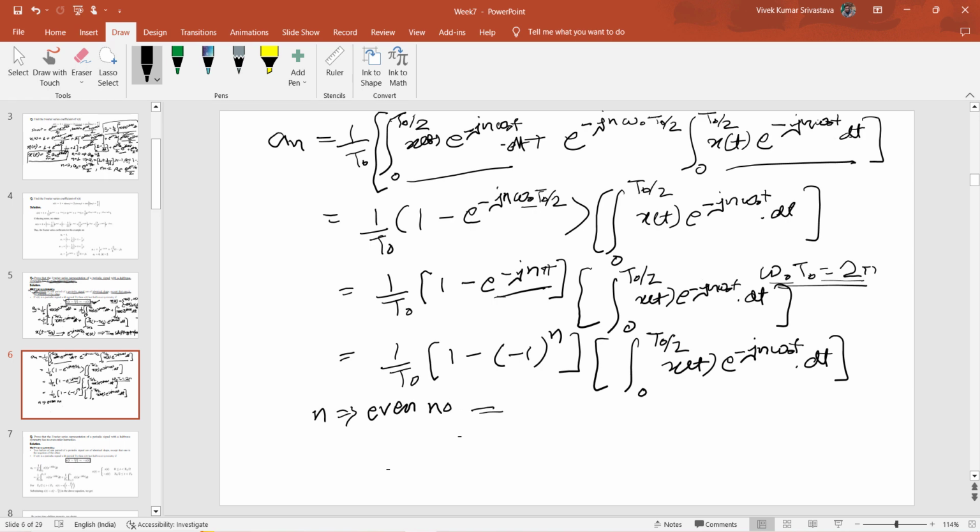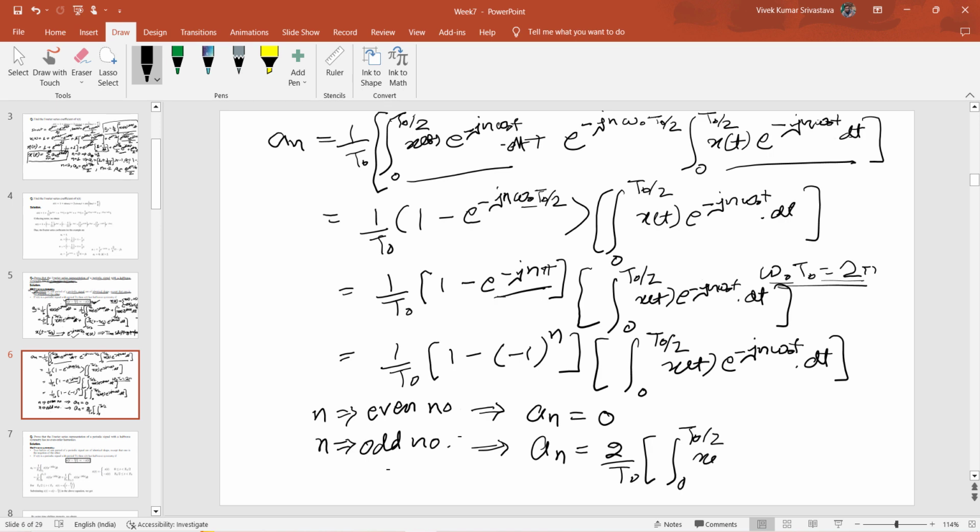So now when n is an even number, a of n will be equal to 0. Let us suppose n is equal to 2. In this case 1 minus 1 will be equal to 0, so the whole coefficient will be equal to 0. And when n is an odd number, a n is equal to 2 by T naught, integral 0 to T naught by 2, x of t into e raised to the power minus j n omega naught t dt.